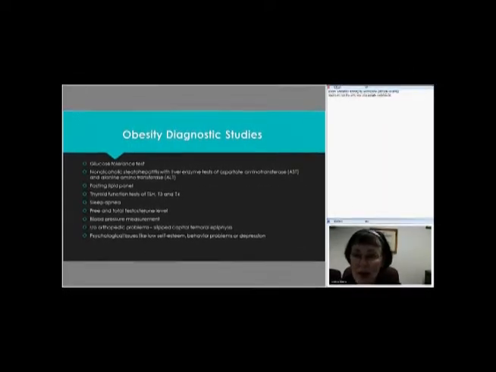If you do have a little kid that's obese, one of the important things for you to know is what kind of diagnostic test do I need to do? Certainly you want to do a glucose tolerance test, because if you have obesity, one of the problems you're looking at is the potential for metabolic syndrome. So you want to rule that in or rule it out.